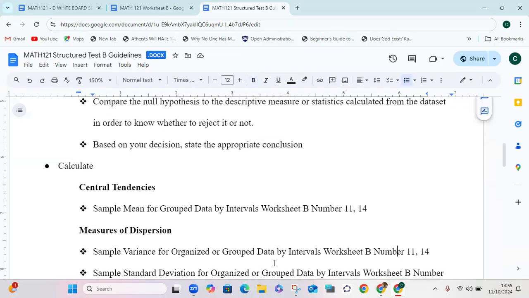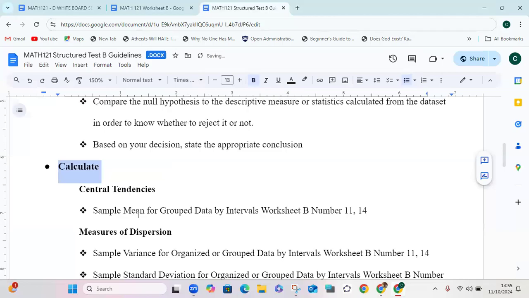You will also need to be able to calculate central tendencies, specifically the mean for grouped data. Not the median, neither the mode, only the mean for grouped data, not for raw data. And to learn how to do that, go to worksheet B, number 11 and 14.